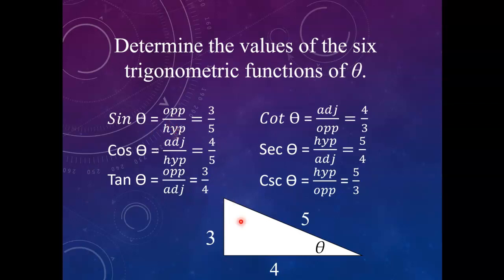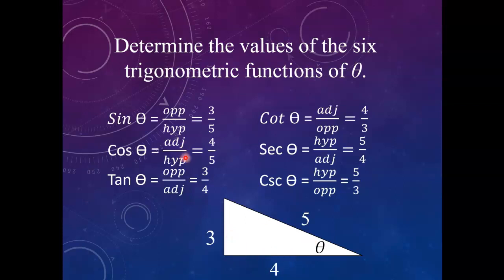So the side opposite theta is 3 and its hypotenuse is 5, so 3/5. Cosine theta is adjacent over hypotenuse. The adjacent side of theta is 4 over its hypotenuse 5, so 4/5. And tangent theta is opposite over adjacent. That means the opposite side of theta is 3 over its adjacent side.